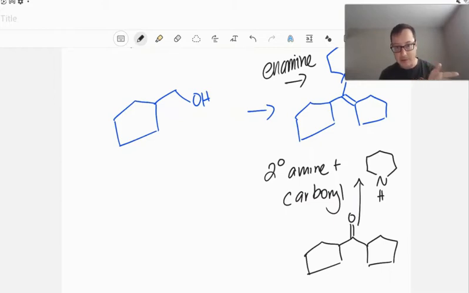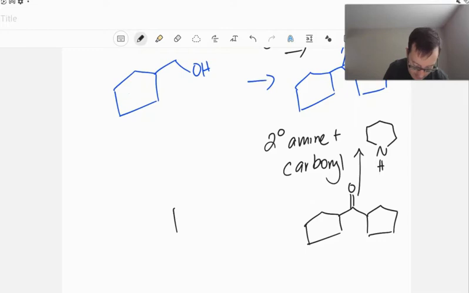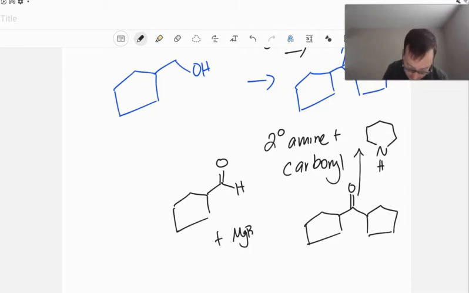Well, if we look at our starting material, we have only one cyclopentane unit, so we need another one at some point on here, right? So we know how to put carbon-containing units on, right? We can say, okay, well, what if we had this thing and say, I guess I need to put that opposite way.